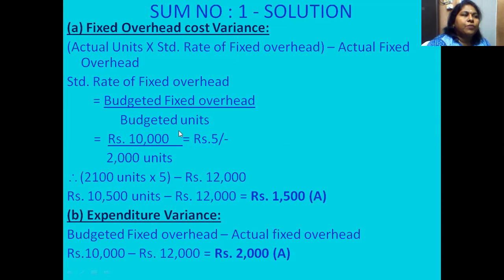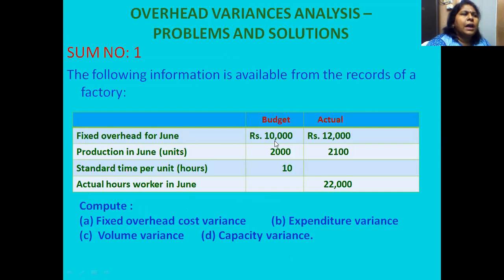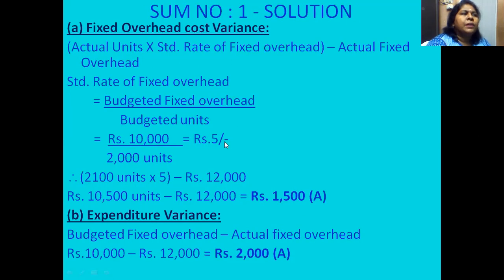As usual, in the previous videos I explained how to calculate the standard rate of fixed overheads. It is the budgeted fixed overhead divided by budgeted units. The budgeted fixed overhead is 10,000 divided by 2,000. Then you will come to know the standard rate of fixed overhead. That is rupees 5. Once we calculate the standard rate, we need to multiply this rate with the actual output.